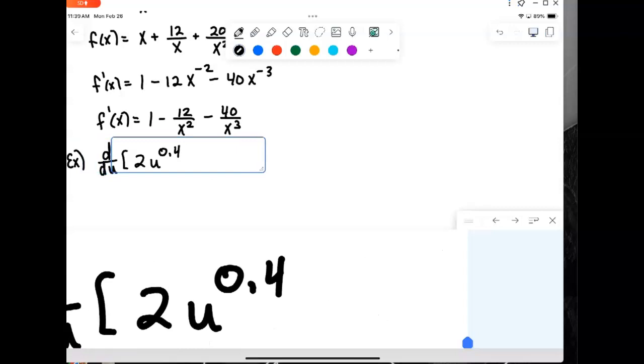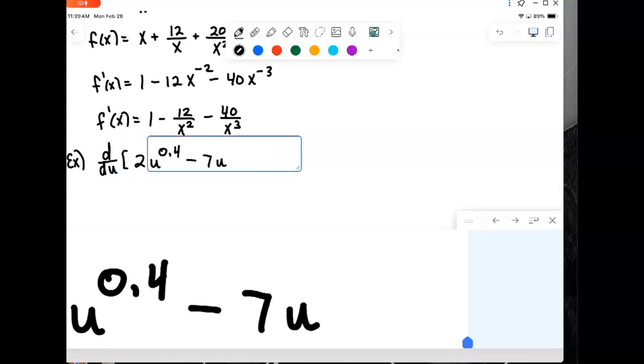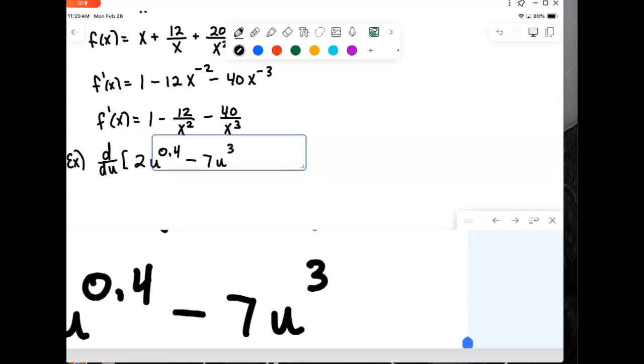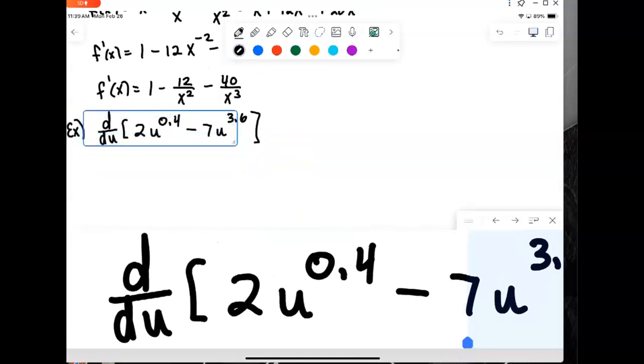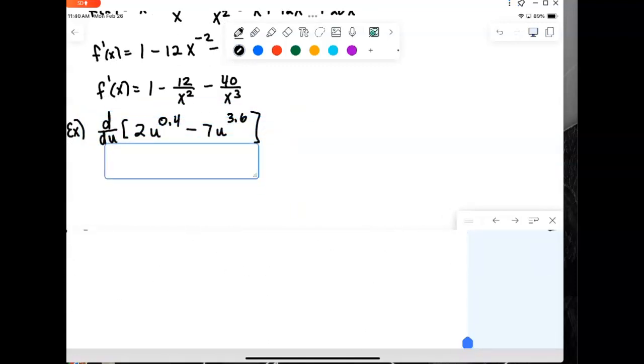So here I have 2u to the 0.4 minus 7u to the 3.6. And so this just means take the derivative of all that stuff.